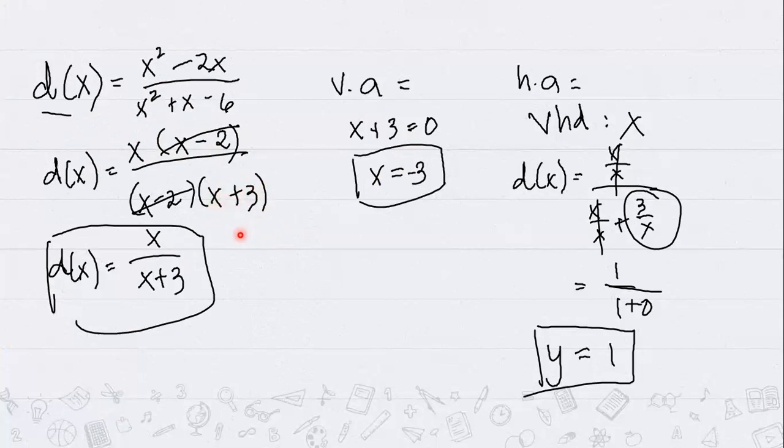Yung operation na pumapaloob sa x and 3 ay addition. So, dapat pag magka-cancel tayo, dapat x plus 3 lang rin. Kasi technically nga, si x ay may kasamang number din, which is x plus 0. So, hindi natin pwede i-cancel yung x dito tapos mawawala ng x dito si 3. Ganon siya. Okay po. Thank you po.